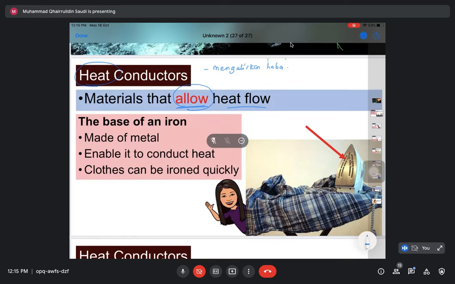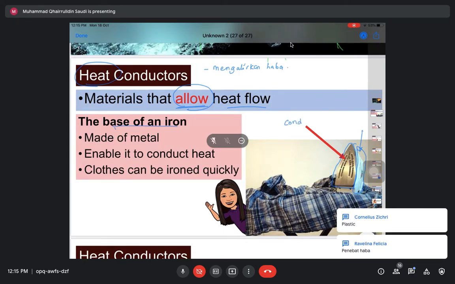So as an example of heat conductors, one is the base of an iron. Konduktor dalam iron hanyalah bahagian base tu sahaja. Bahagian pemegang apa? Plastik, and they are considered as penebat.